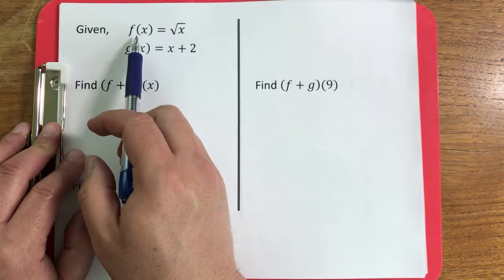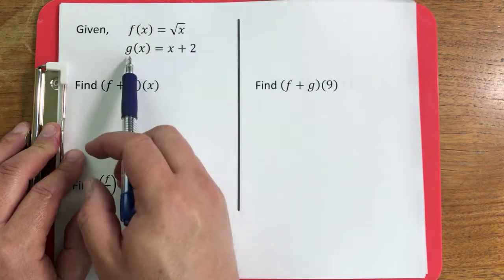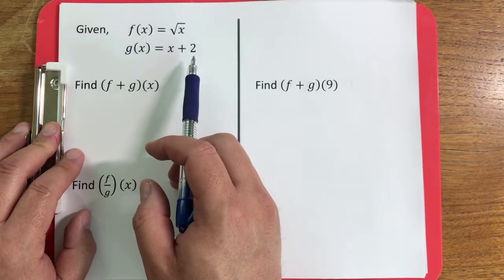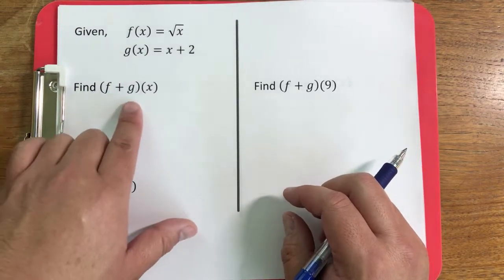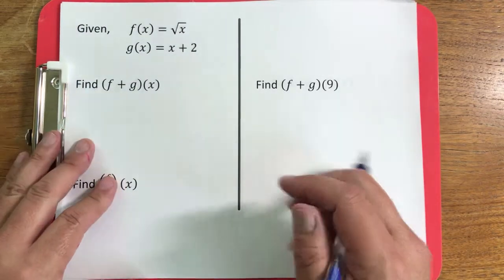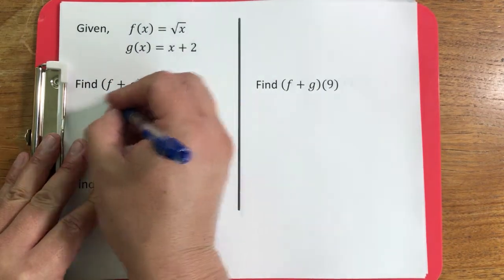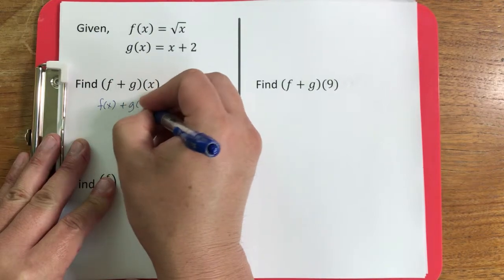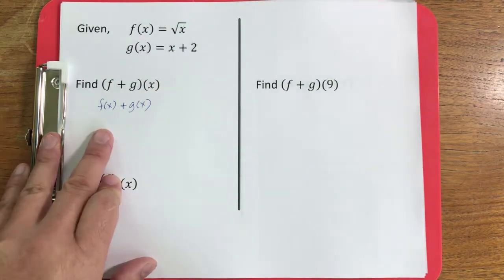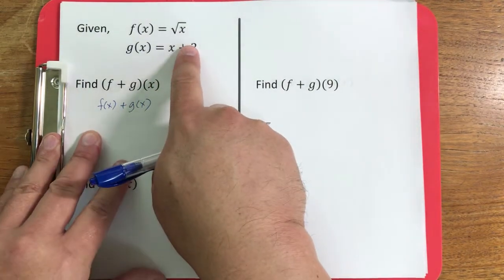So the function f of x is equal to square root of x, and the function g of x is equal to x plus 2. So if I'm trying to figure out what this is, if I'm trying to expand it, I'll first apply this parameter to both functions. And then we'll say, well, what is f of x equal to?